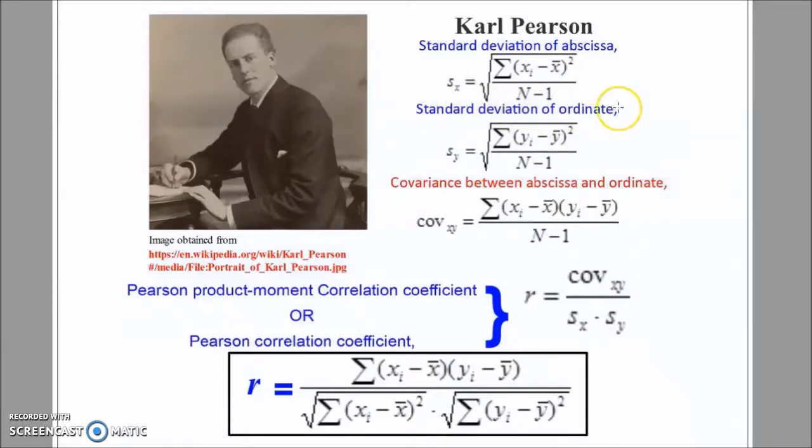Standard deviation of the ordinate, which is the y-axis. It takes the covariance of both of them. That means how much of the variance of one is relating to the variance of the other, and then it is finding out the formula for the Pearson's correlation coefficient.